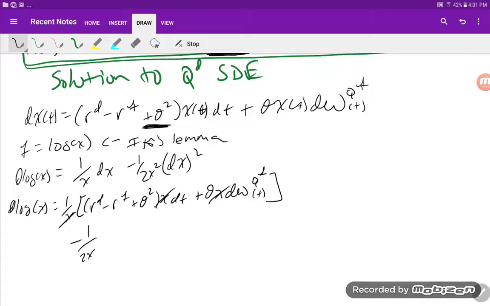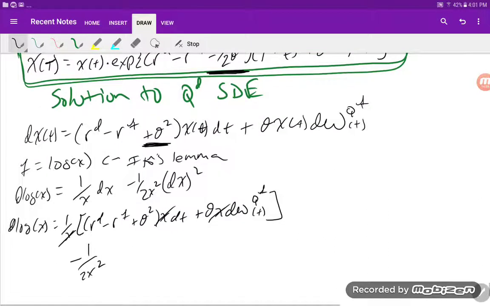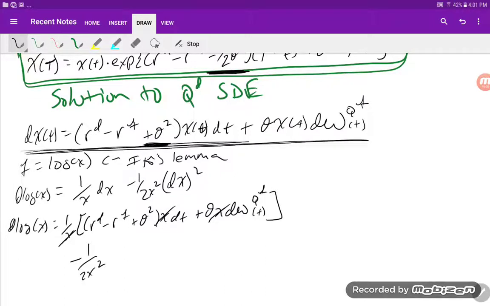over 2x squared, and again, I'm not going to go through all the algebra, but we're just going to have the dW term squared again, same as last time, so we'll just have sigma squared x squared dt. So again, these cancel.